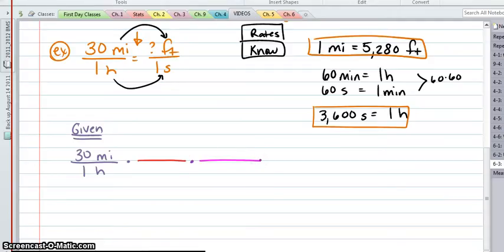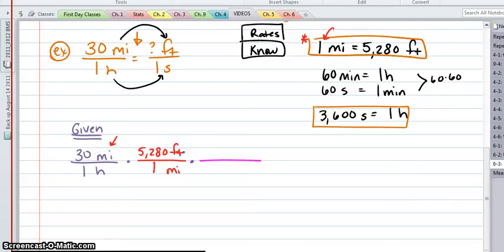Make one red and one pink. It doesn't matter which rate we start with first. Let's go ahead and convert the miles into feet. If I have 30 miles in the numerator and I want miles to cancel out, I have to put miles in the denominator. Well, what number's associated with miles? 1. I know that in 1 mile there are 5,280 feet.